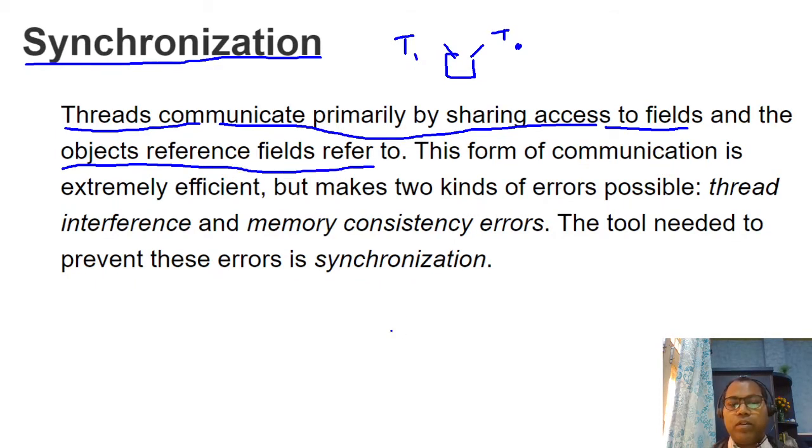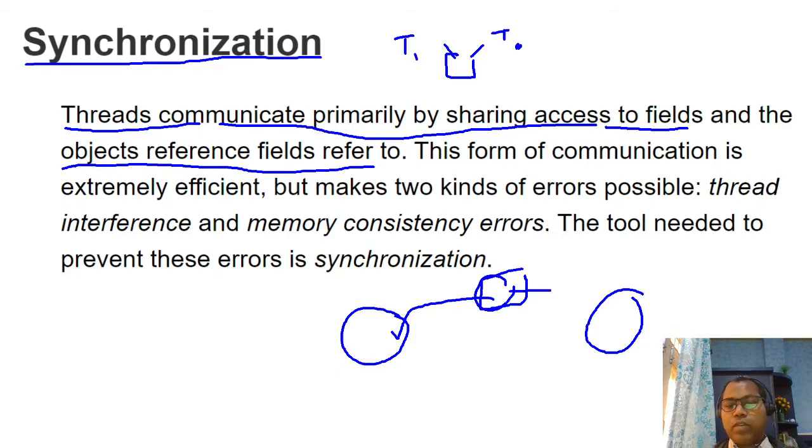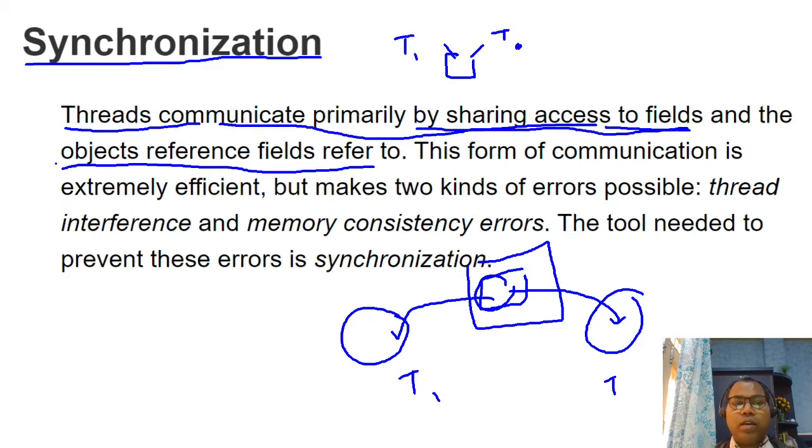When thread 1 wants to access what thread 2 is using, say they are sharing some object reference, object 1, referred to by thread 1 and the same object referred to by thread 2, as well as T1 and T2. So here we need some kind of synchronization. Thread communication happens primarily by sharing access to fields and the object references that refer to those fields.